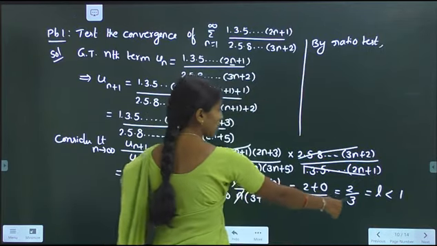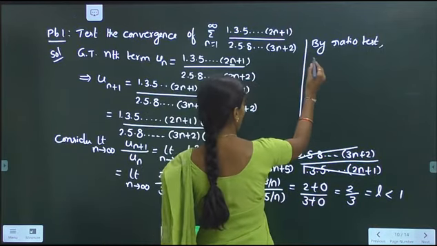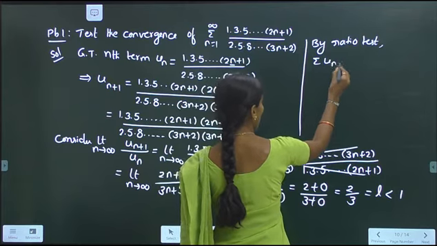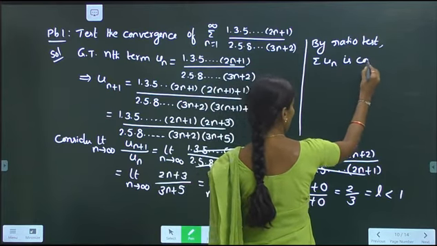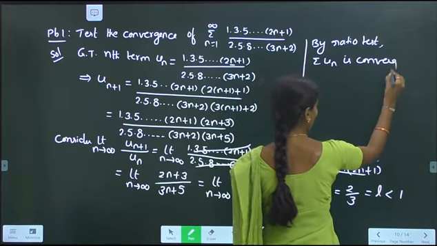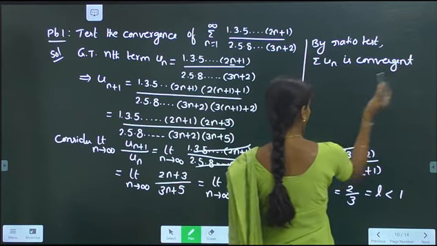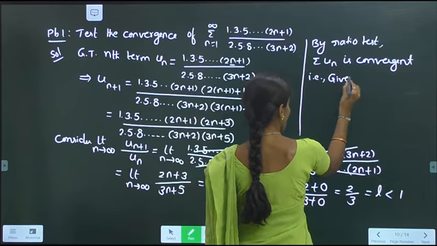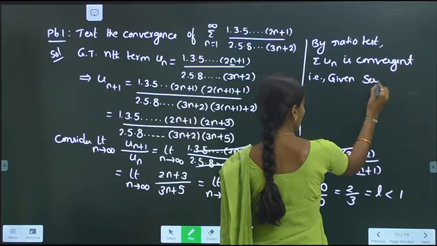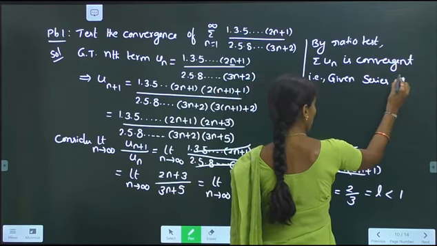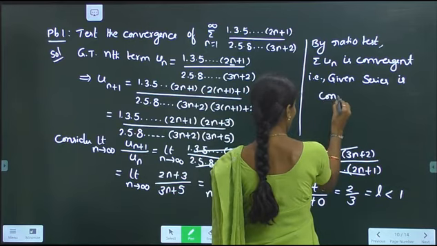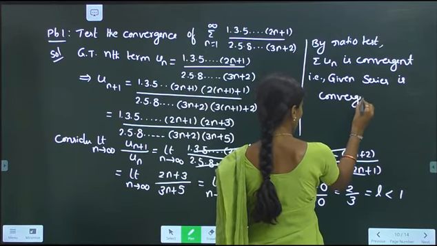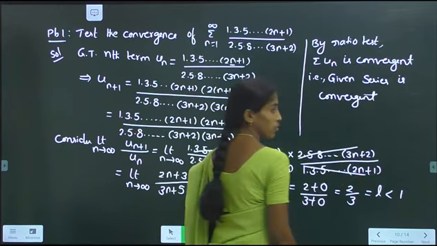Right? So because L value is less than 1, summation un is convergent. That is, given series is convergent, right?